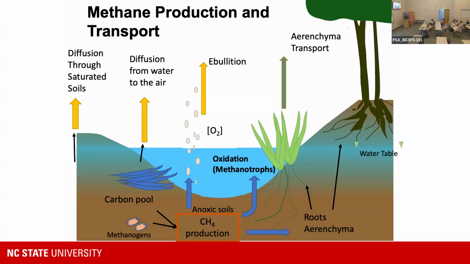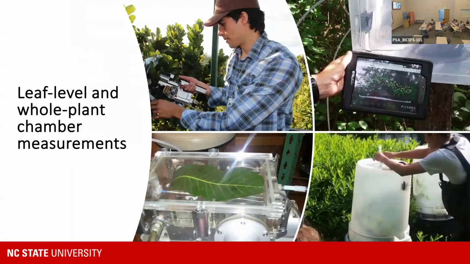So as you can see, it's a complex process, and our lab uses different techniques to study these fluxes. So we're interested in looking at leaf level fluxes using leaf level gas exchange analyzers, but we also look at stem fluxes using stem chambers.